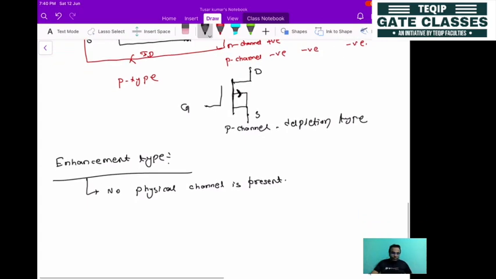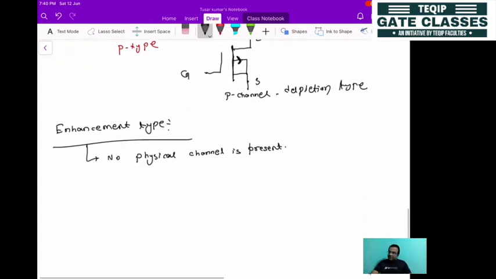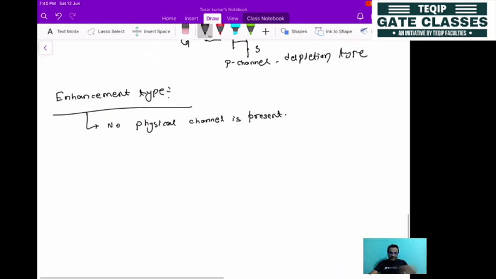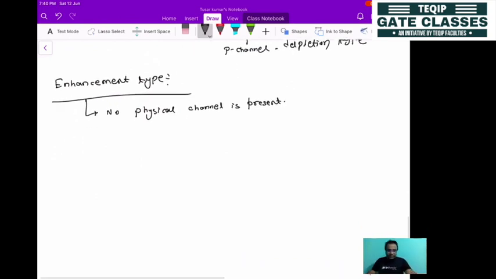Now let's try to understand the operation of this basic enhancement type MOSFET. Let's first discuss the N channel.